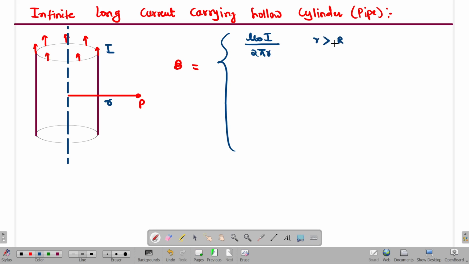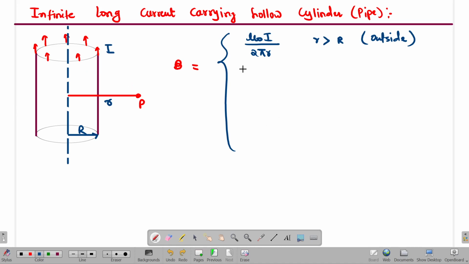This is for r greater than R, where the radius of the cylinder is capital R, which is outside. If I consider a loop like this, it has length 2 pi r. So B is mu naught I by 2 pi r. That's why I'm not deriving it. Are you able to get me?